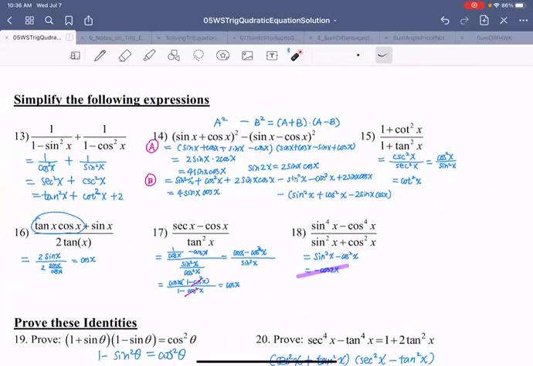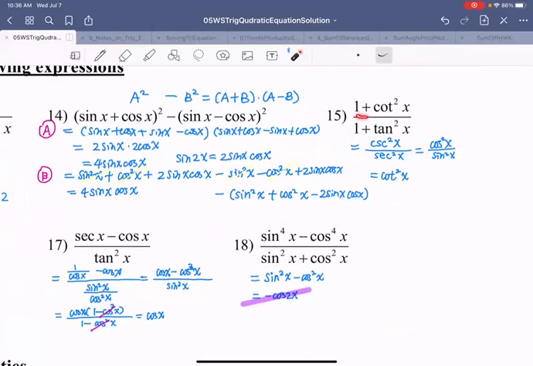Is there any other question? This one: 1 plus cotangent square equals cosecant square, and 1 plus tangent square equals secant square. You want to flip them. This goes to the bottom, sine square, and this goes to the top, cosine square.